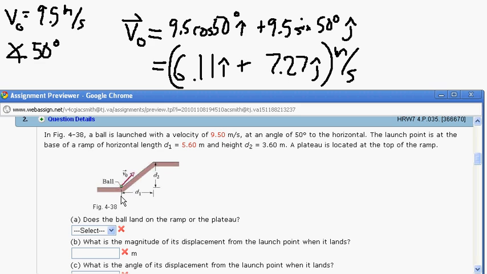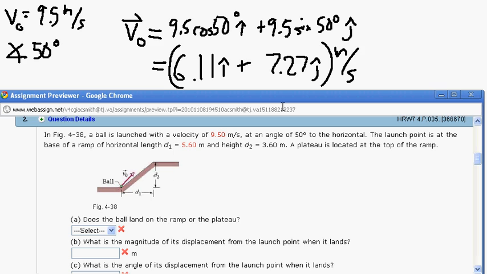The way I would look at it is 5.60 meters horizontally here. Our initial velocity horizontally, which is going to be constant because it's not being accelerated downwards, is 6.11. That's a little bit more than 5.60 meters, so it's going to take just a little bit less than a second for it to get over this far.